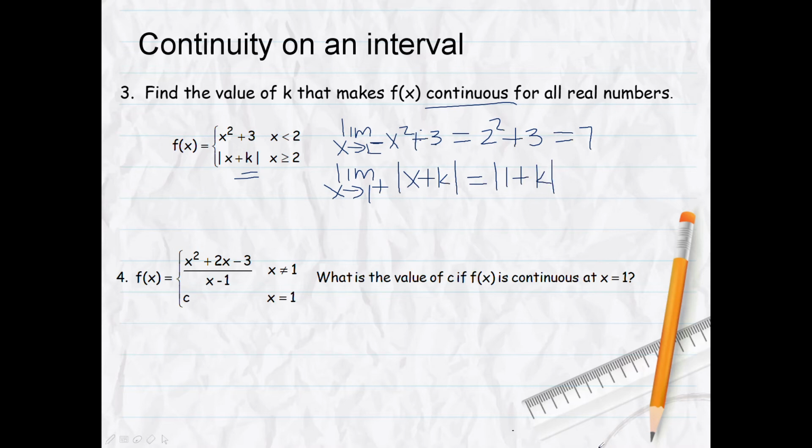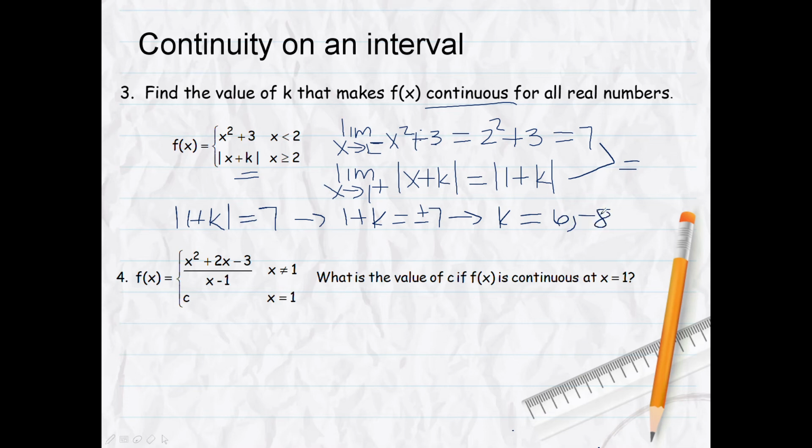Now, for it to be continuous, these two things have to be equal. So that means I need the absolute value of 1 plus k to equal 7. Okay? That means 1 plus k is either plus or minus 7. So k is equal to either 6 or negative 8. So there are two values of k that would make that true.